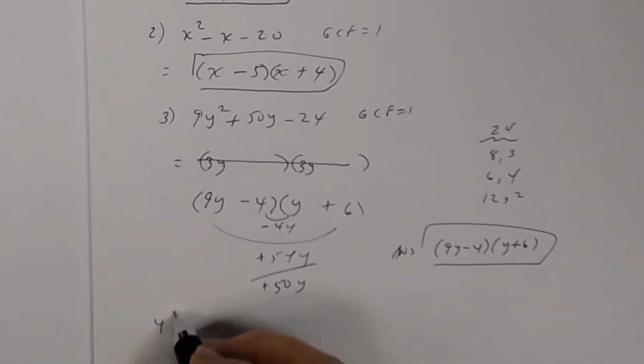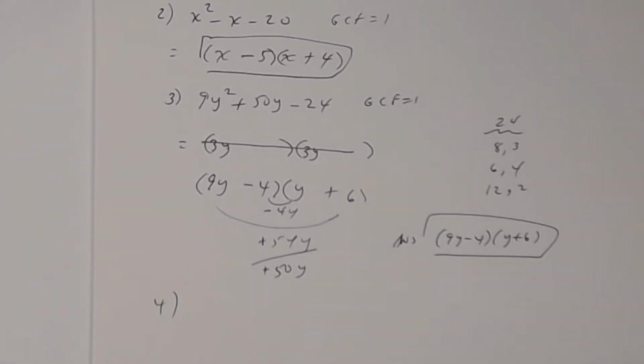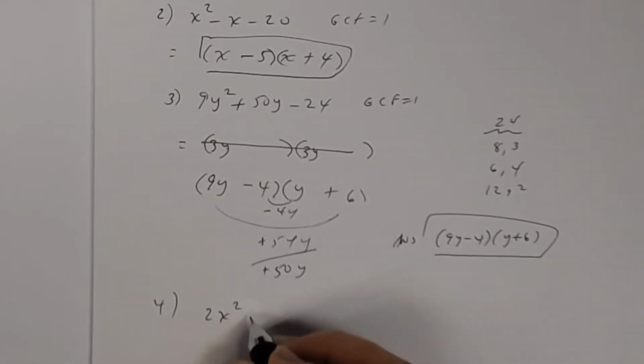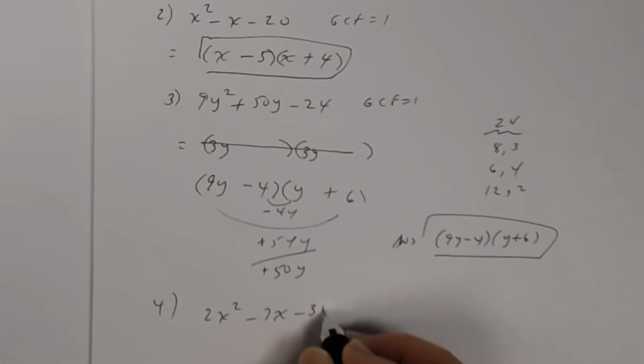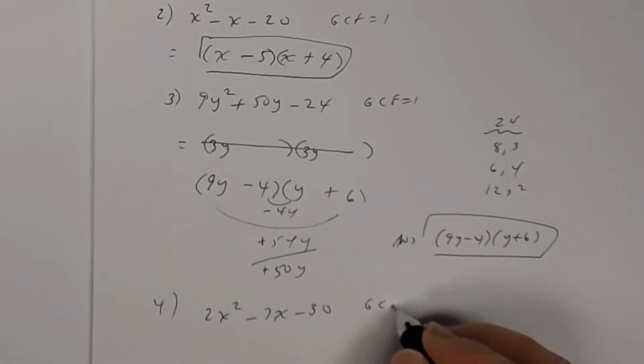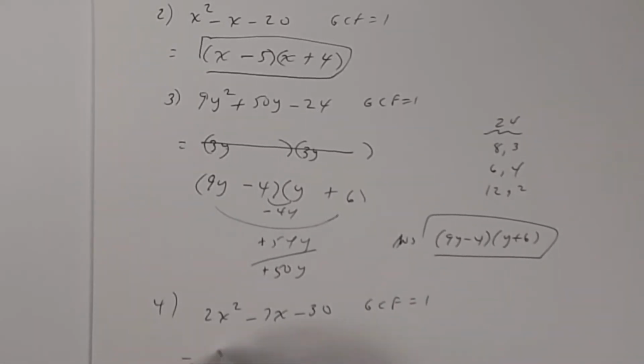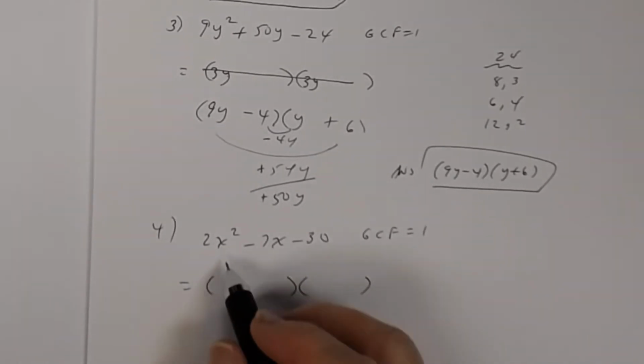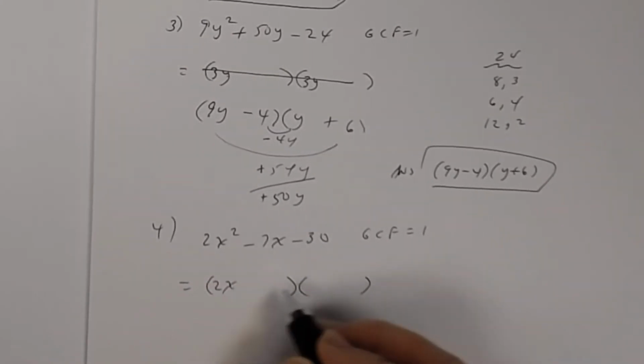All right, number 4. We have 2x squared minus 7x minus 30. So again, the GCF is 1. So I'm going to go directly to the two binomials. This time, for 2x squared, there's only one possibility, and that's 2x and x.